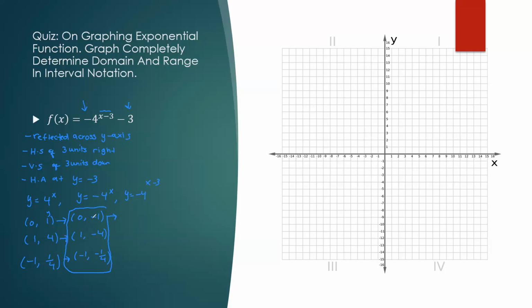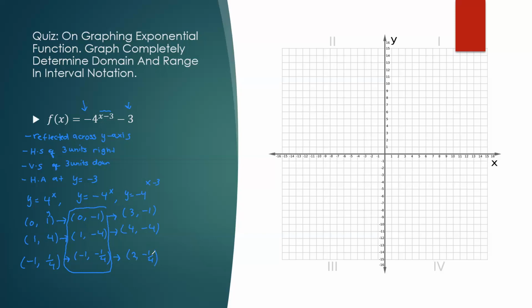So (0, -1) will be (3, -1). (1, -4) would be (4, -4). And (-1, -1/4): just add 3, so 3 plus -1 is 2, giving (2, -1/4).